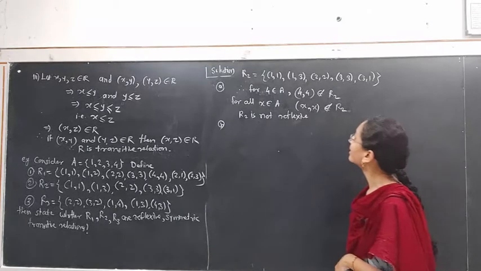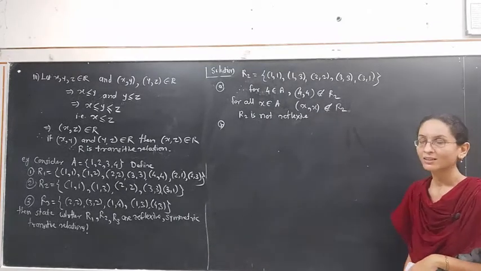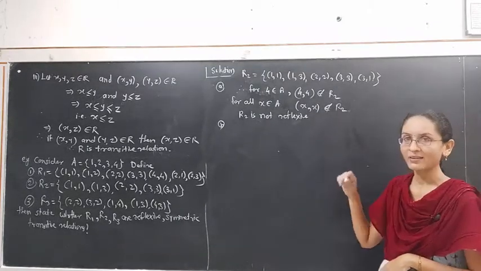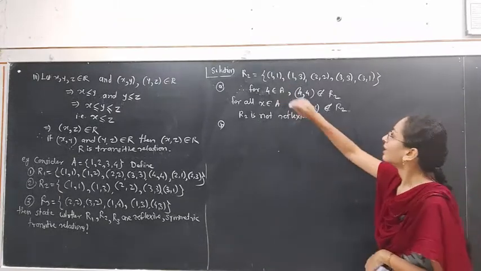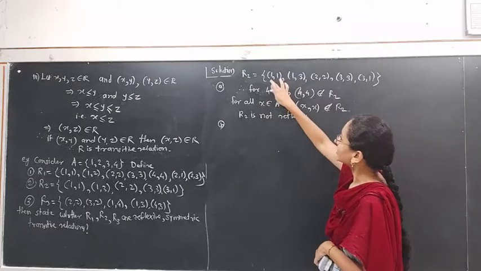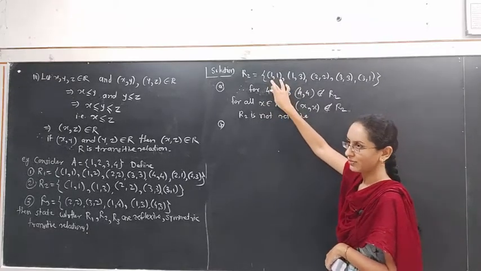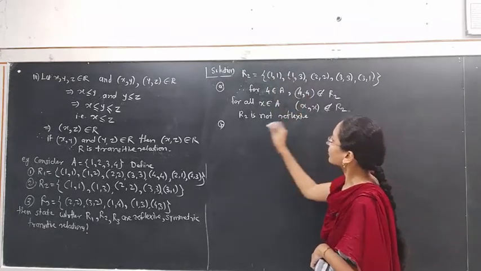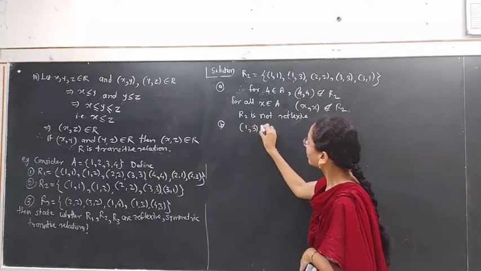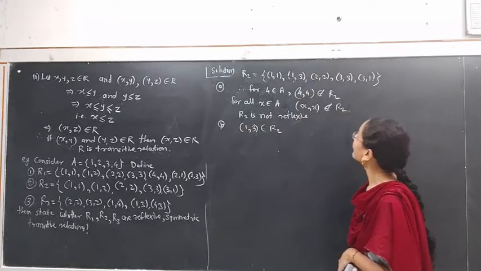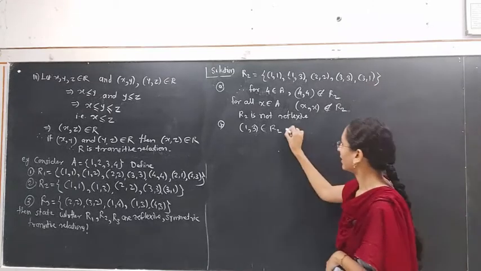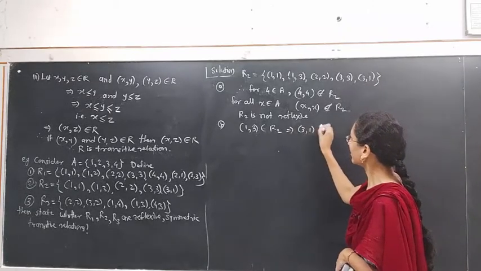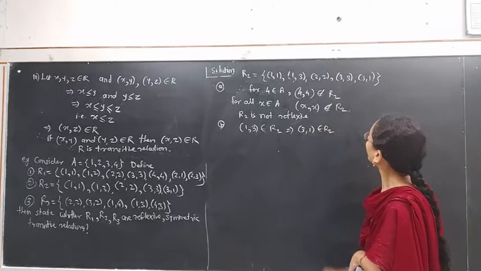Second, we check symmetric. For that, we consider ordered pairs having x and y different, because if they are the same, then the definition of symmetric relation is trivially true. (1, 3) belongs to R2. We check whether (3, 1) belongs to R2 or not. Yes, (3, 1) belongs to set R2.